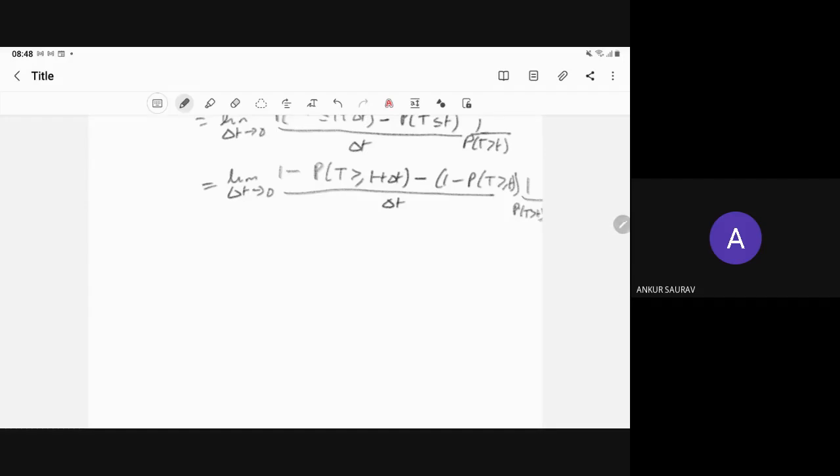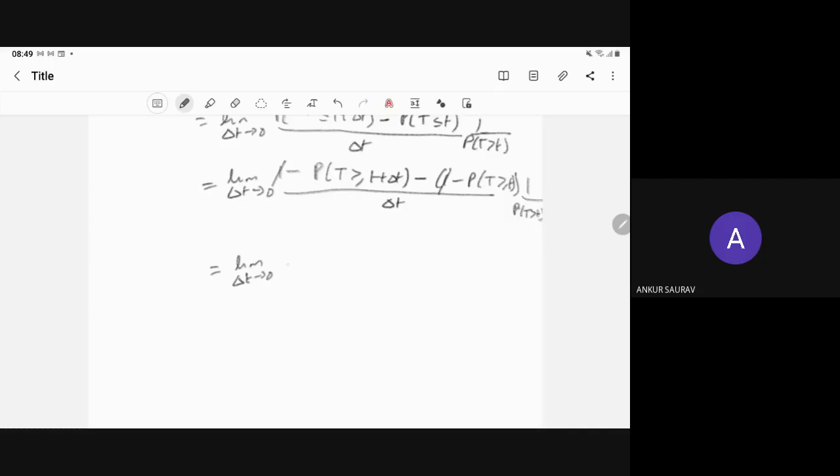So what is this? 1 and 1 cancel out. This is the reliability. So this can be written as the limit as delta t tends to 0, where we have minus minus plus.